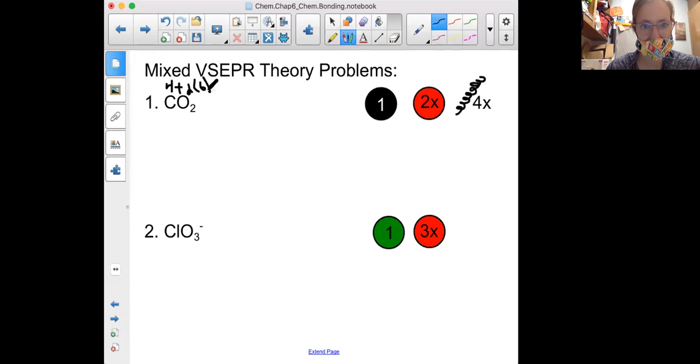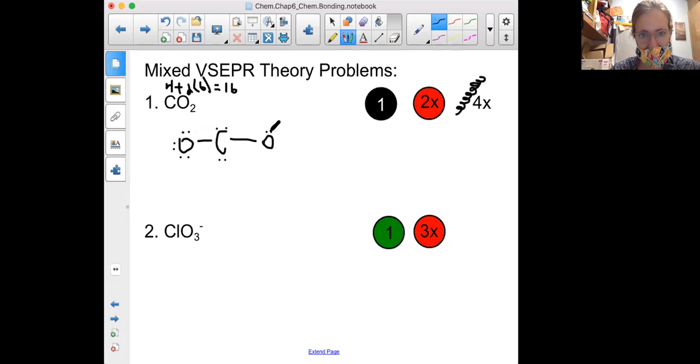So 2 times 6 is 12, plus 4 is 16. So I have 16 valence electrons, right? So carbon is usually black and oxygen is usually red. But when I draw the Lewis structure here, I have carbon as my central atom, and then I'm going to bond 2 oxygens to it. And then you're going to go in and fill in all the lone pairs because everything needs to have an octet, right?